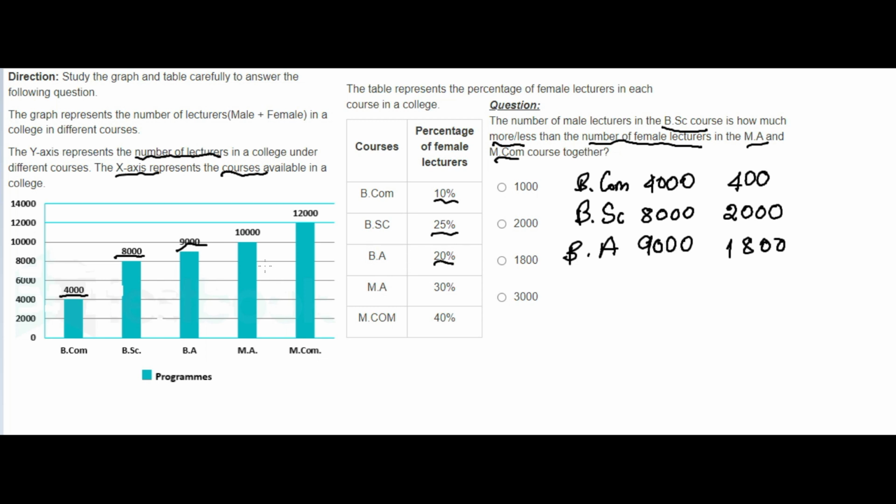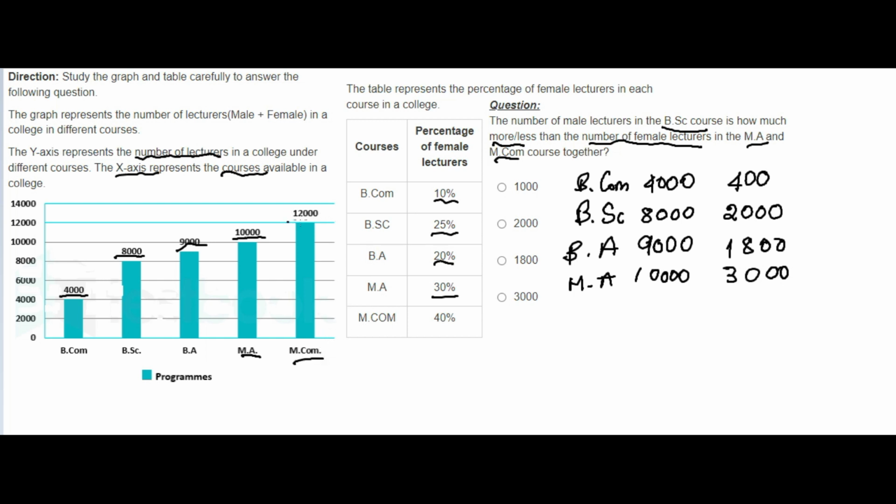Then you go for MA. MA means totally 10,000 staff are available. Among that, how many lady lecturers are available? 30%. So 30% of 10,000 is 3,000. Next is MCom.